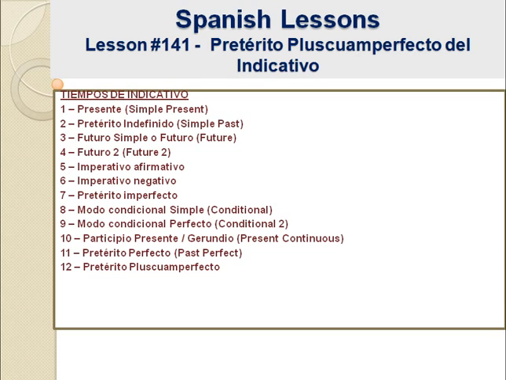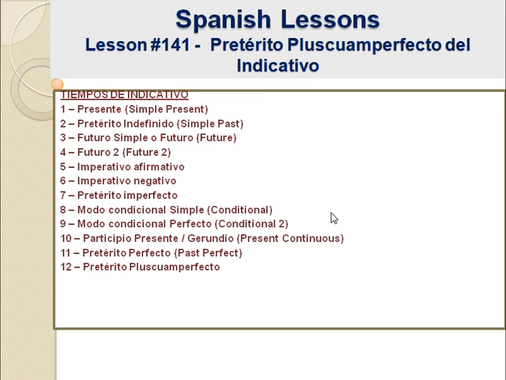141. In this class I will show you the pretérito pluscuamperfecto del indicativo, or simply pretérito pluscuamperfecto. This is the name of this conjugation tense in Spanish, and although the long name is quite intimidating, nevertheless the English language has this same tense.